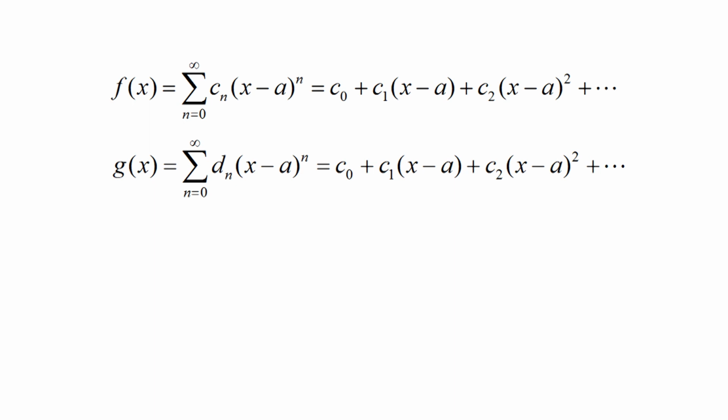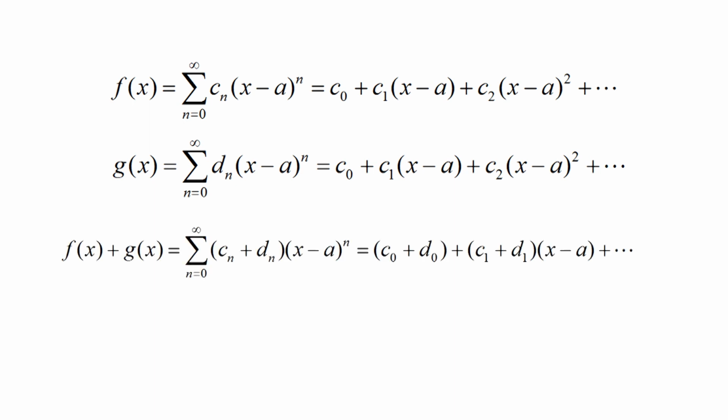Then the sum of these two series is the power series f of x plus g of x equal to summation (Cn plus Dn) into (x minus a) whole power n where n from 0 to infinity, which is equal to C naught plus D naught plus (C1 plus D1) into (x minus a) plus etc., with interval of convergence the open interval (a minus Rf, a plus Rf) intersection the open interval (a minus Rg, a plus Rg).